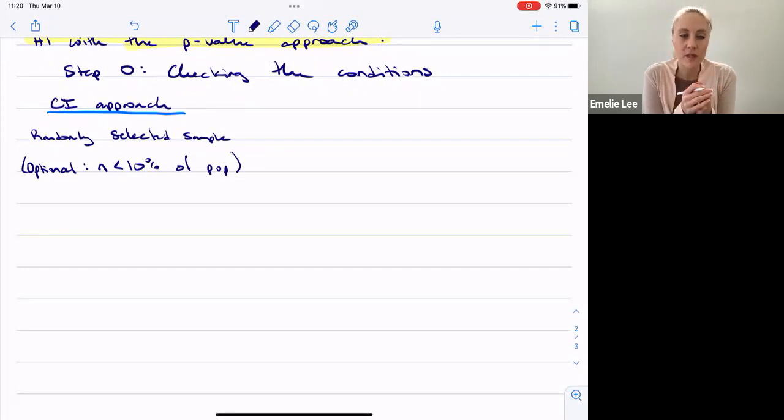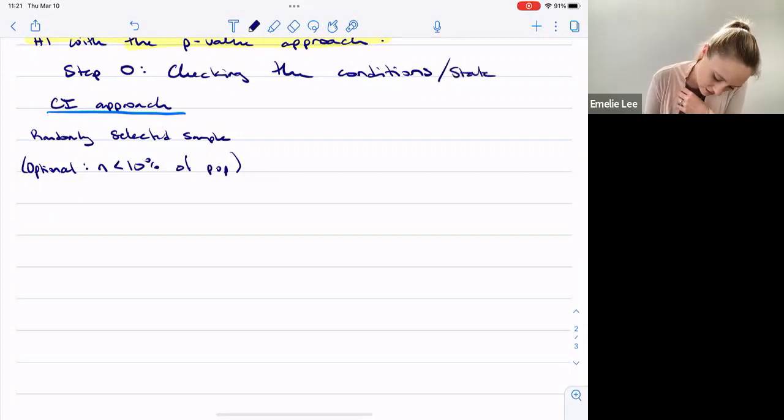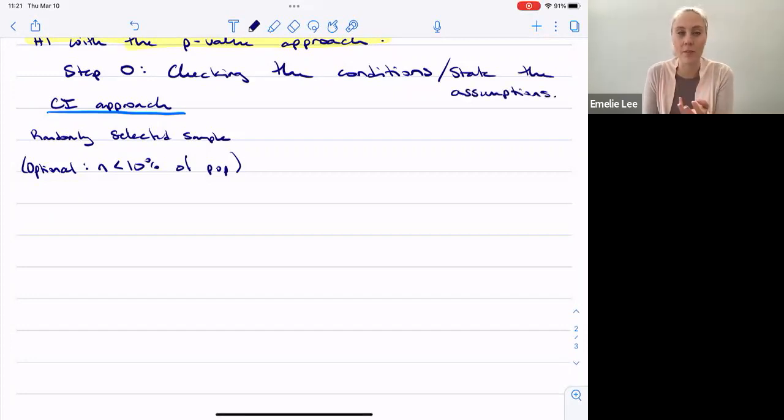So you have to have a randomly selected sample, or you have to assume that you have a randomly selected sample. So checking the conditions, but we could also say stating the assumptions, right? Stating the things that you're assuming are going on. If they're not mentioned in the question, then you have to assume them, okay?